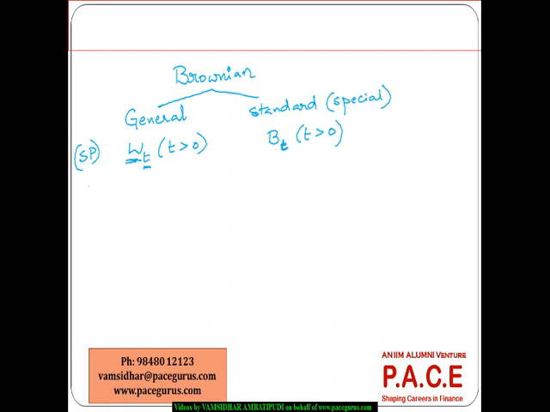Now property-wise, any Brownian motion, whether it is general or standard, has a few things we talk about. They have independent increments. The increments mean the change from one period to another, Wt minus Ws, or Bt minus Bs.